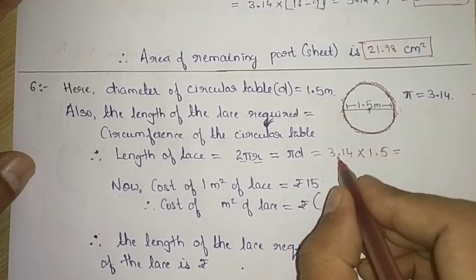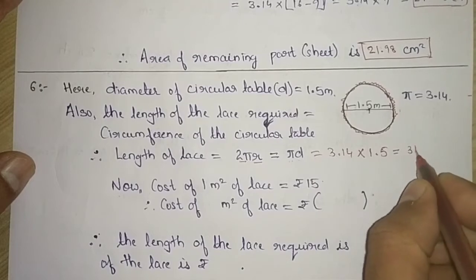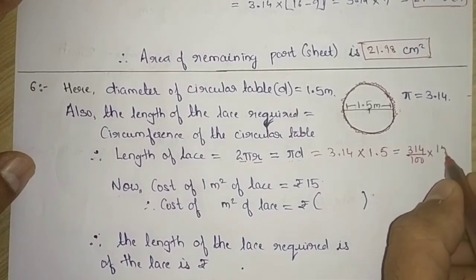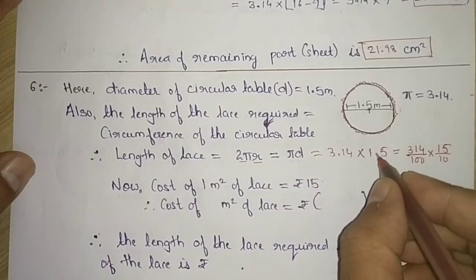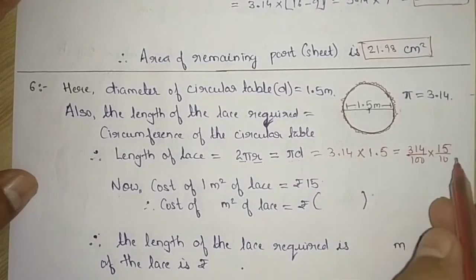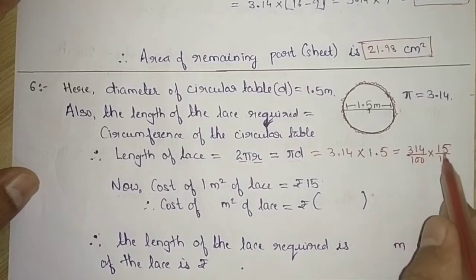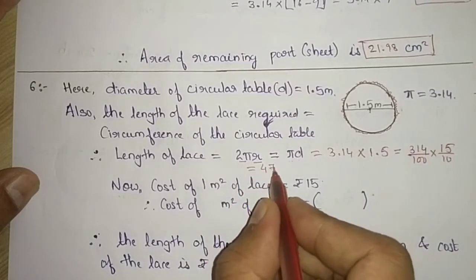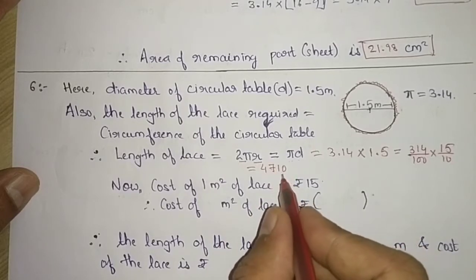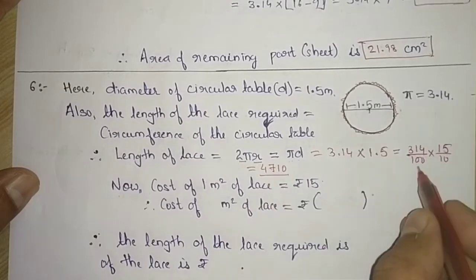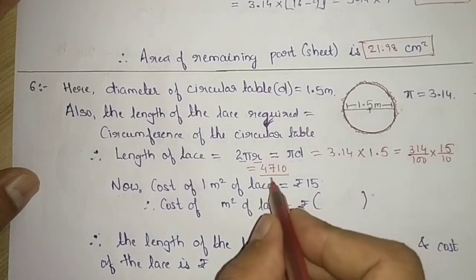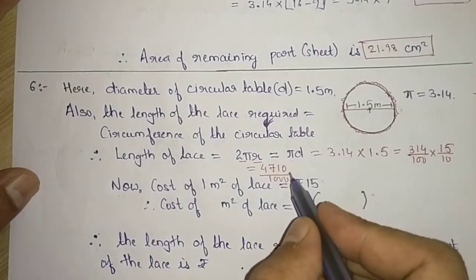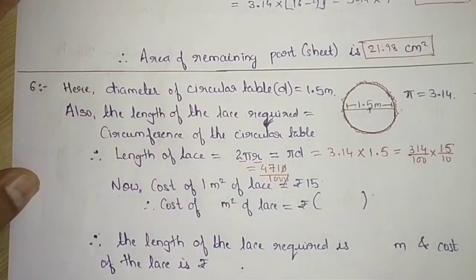If I go further and remove the decimal point, it will give me 314 by 100 into 15 by 10. Here also I am removing the decimal point. Now multiplying 314 into 15, it will give me 4710 divided by 1, 2, 3 zeros, that is 1000. 0 and 0 will cancel out, 0 and 0 will cancel out.